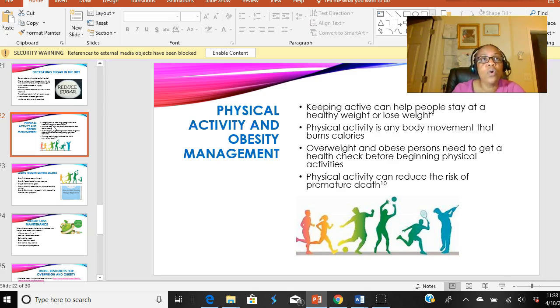You can go for a brisk walk. If you don't have the time for the gym, if you work somewhere, park your car far and walk. Use a staircase at work instead of the elevator or the escalator. Very good ways to get some physical activity into your daily life.